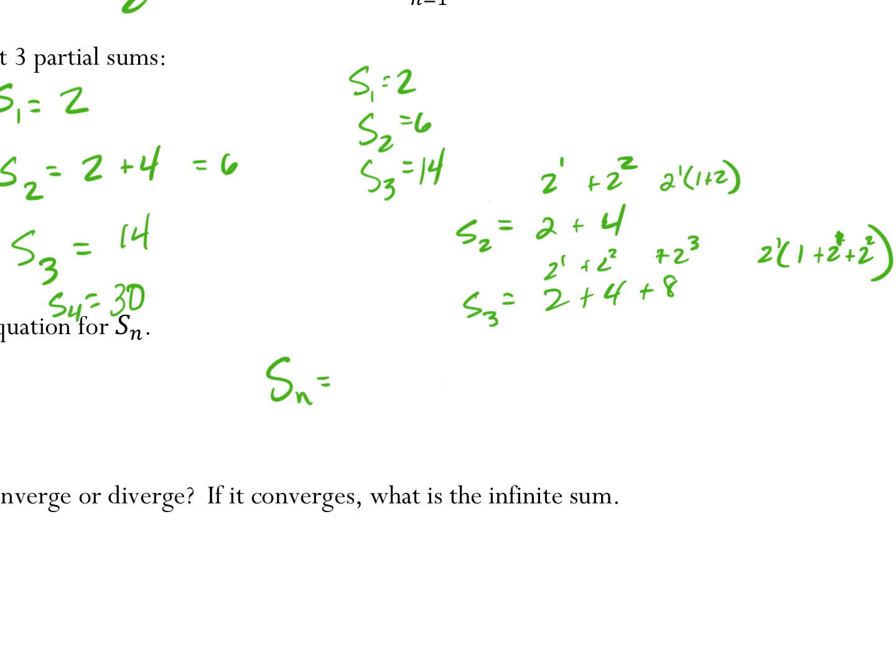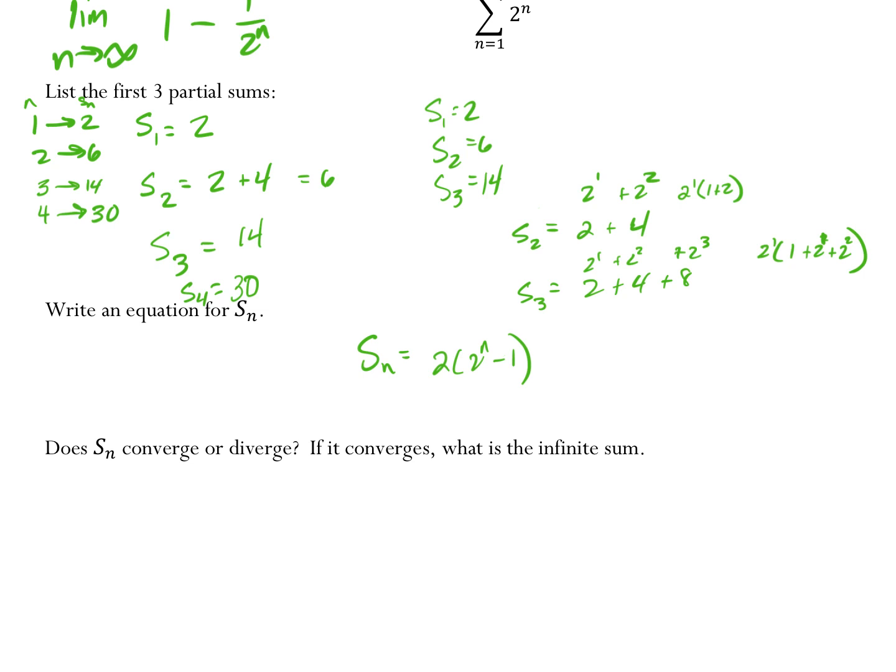So it's 2 to the n minus 1 times 1 plus 2 to the n minus 1? It works out to be 2 times 2 to the n minus 1.